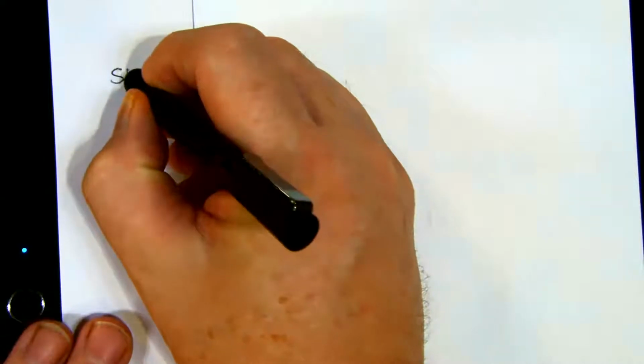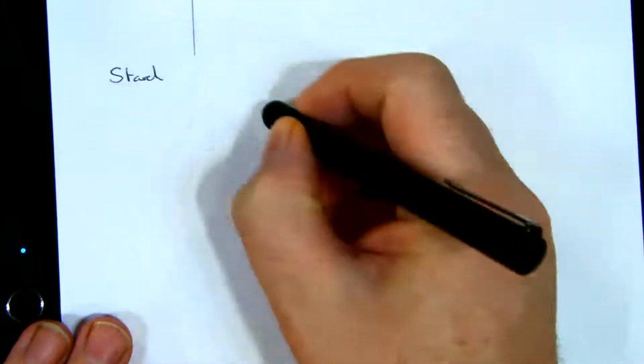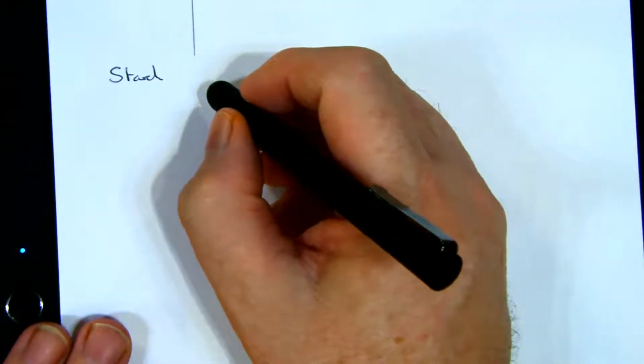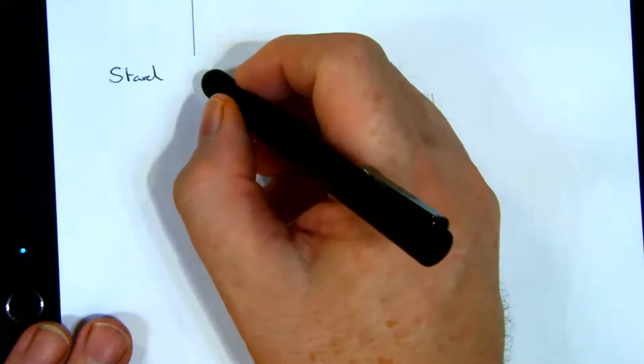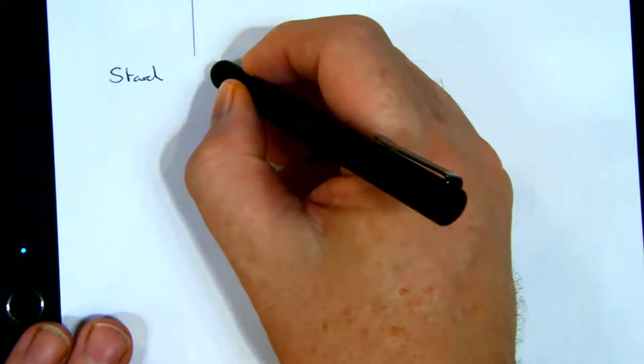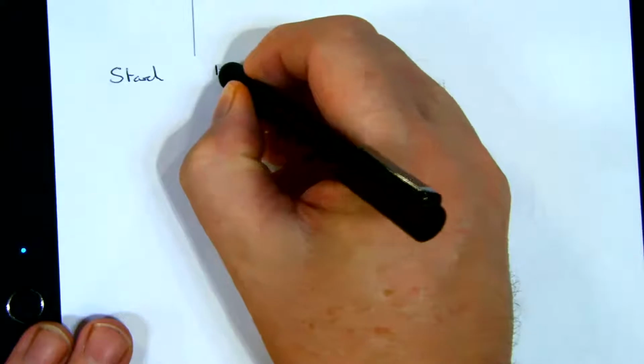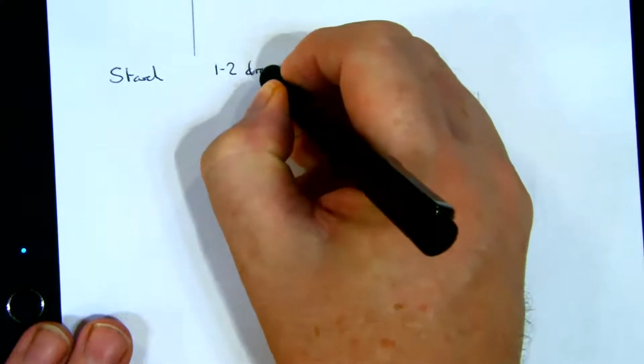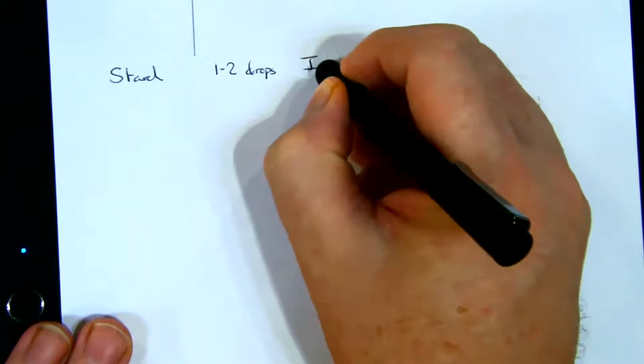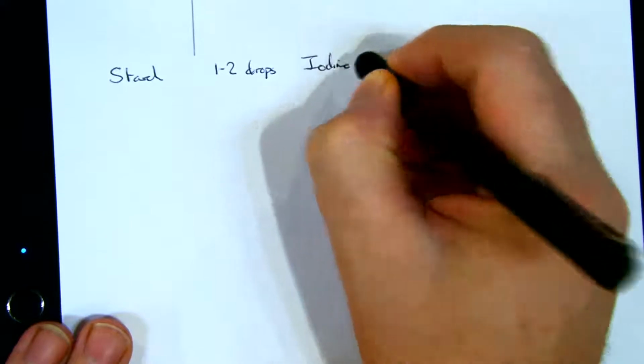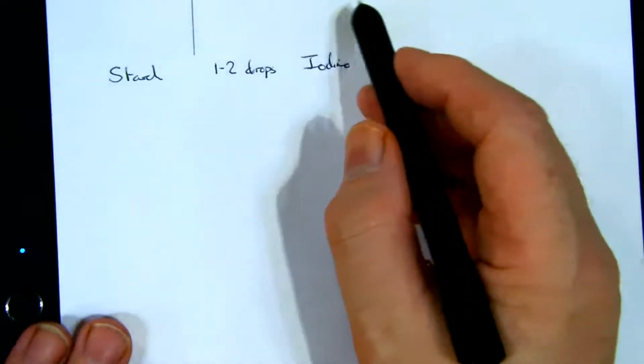So my test for starch, what I'm going to do is simply add 1 to 2 drops of iodine, and we're going to record whether it goes blue-black or not.